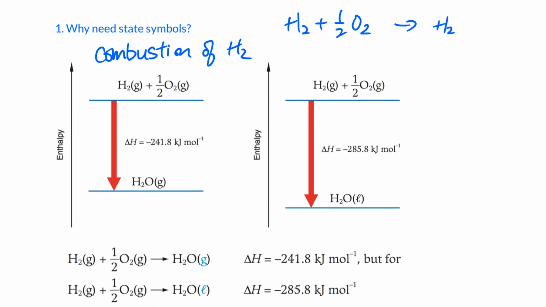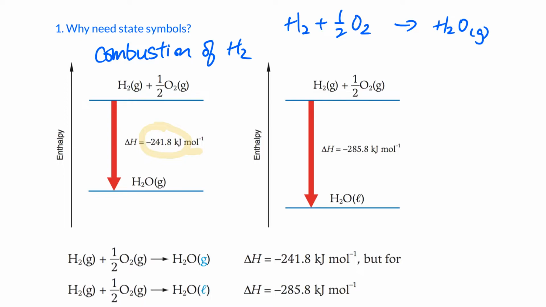Normally, they will just give H2O in gas state. So in the process, we have negative 241.8 kilojoule per mole. That means for every 1 mole, they will release 241.8 kilojoule of energy to form H2O in gas state.